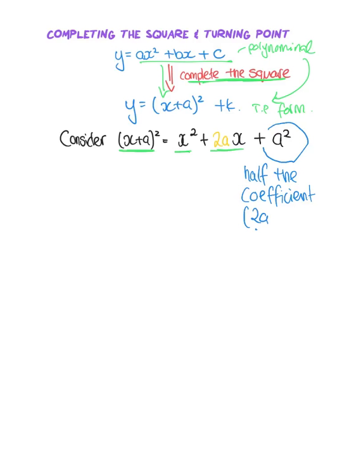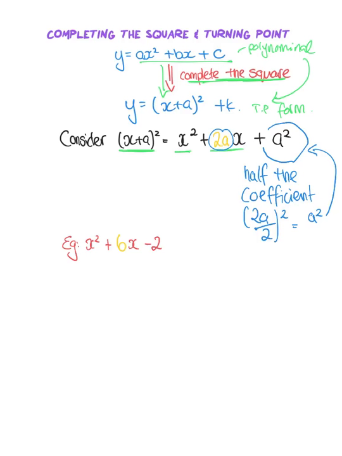Half of 2a is a, and then it's squared. That's what we're going to think about when we're completing the square.